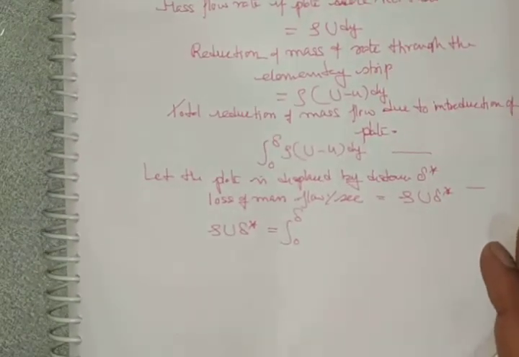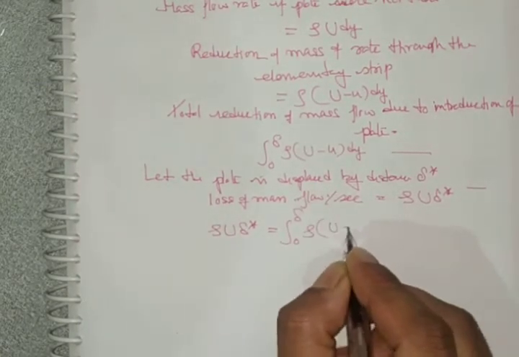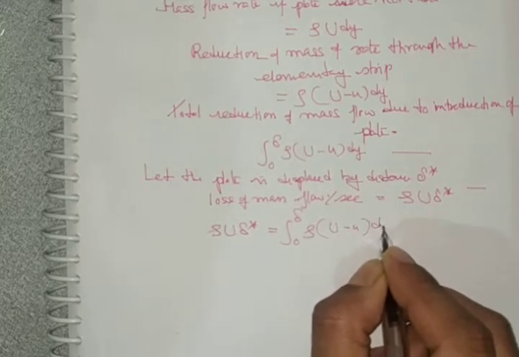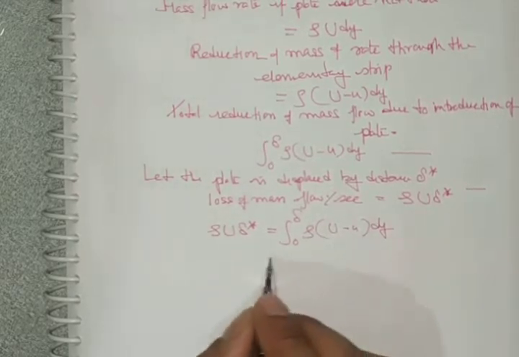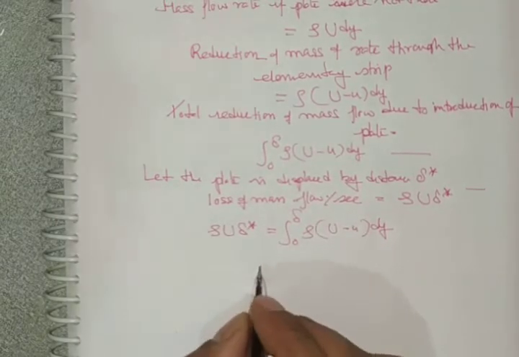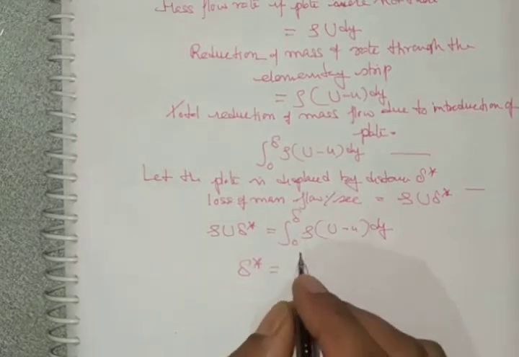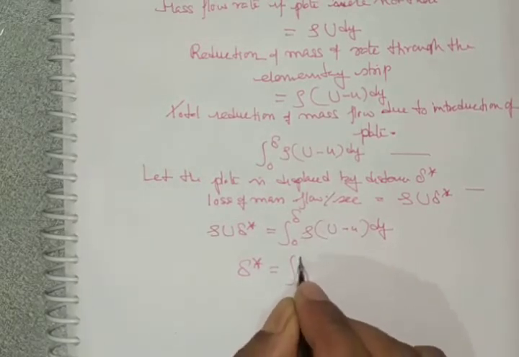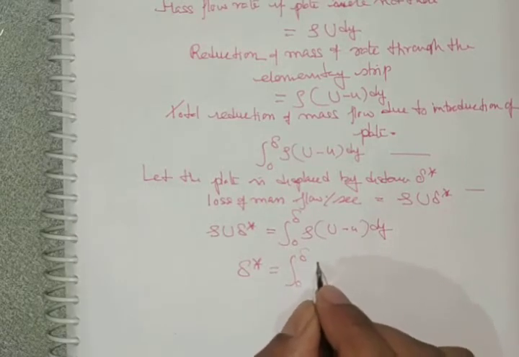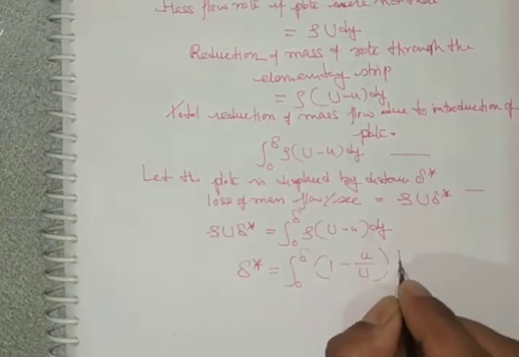So rho (capital U minus small u) dy, and from this equation you will derive that displacement thickness is given by delta star equals integral of (1 minus small u over capital U) dy.